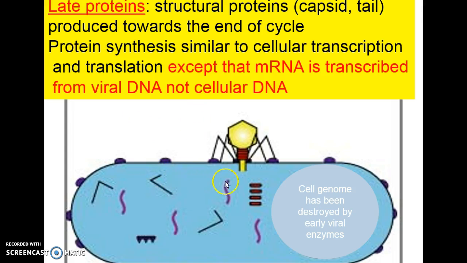Therefore, the proteins being translated are viral proteins. The replication of the viral genome is also taking place, so multiple copies of viral DNA are being synthesized. Remember, at this point, the cell genome has been destroyed by early viral enzymes.